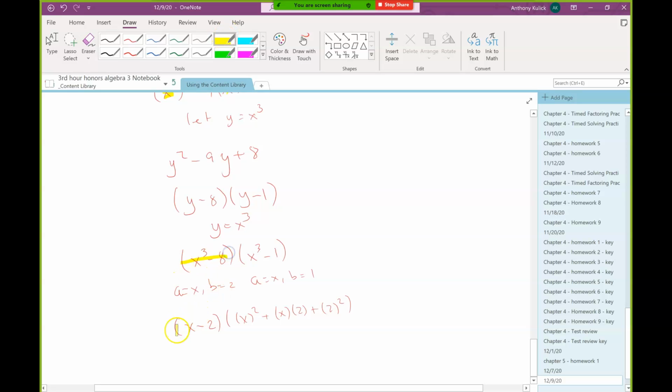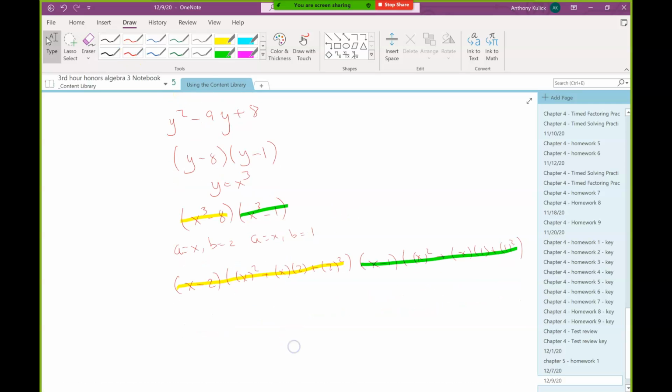So that's me doing the difference of two cubes for the first one. And there's my difference of two cubes for the second one. And then we'll just clean some stuff up here.